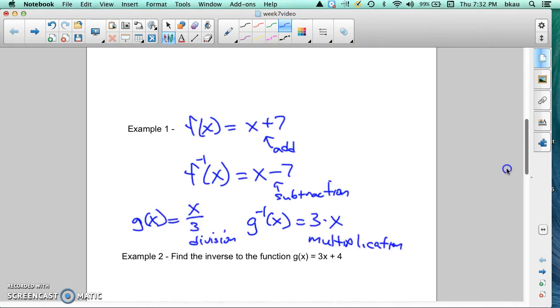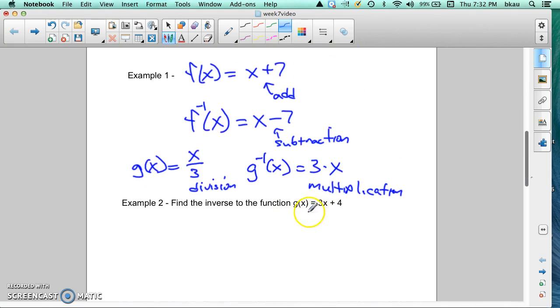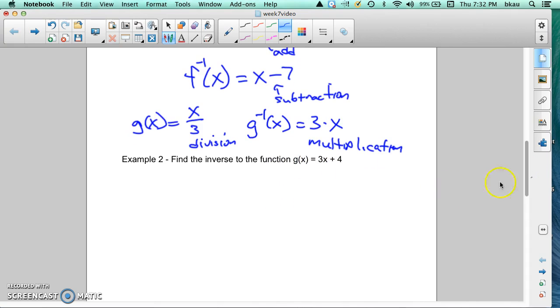So let's take a look at a specific example where we have multiple operations happening. In this function we have g of x equals 3x plus 4. We're looking at finding its inverse. Let's look at one function value.